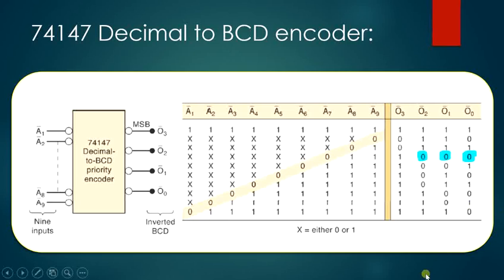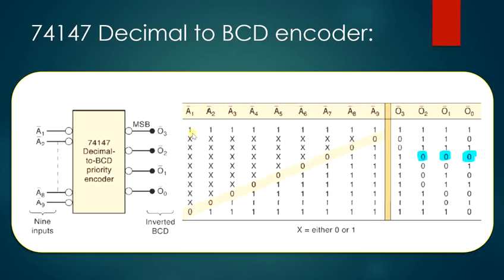That is why, in this case, validity will be equal to 0 for all 1 1 1 inputs and outputs all 1 1 1, whereas validity will be equal to 1 for all remaining inputs.